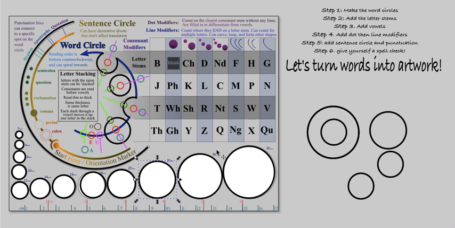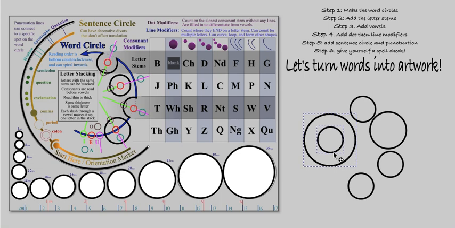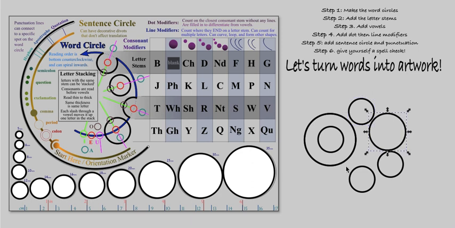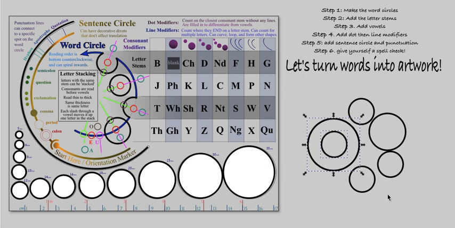And then we have into, which is another smaller one, into artwork. And because I have the advantage of a computer, I can arrange these guys a little bit like that. So we have our word circles down. Let's turn words into artwork. Lovely. Beautiful. Sweet. So we have these done. Let's turn words into artwork.